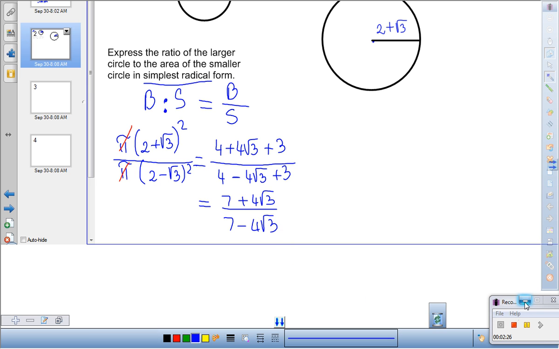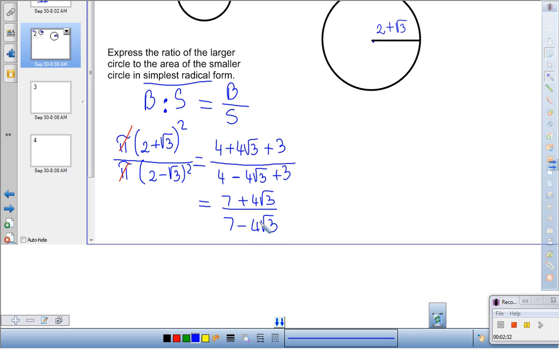As we talked about in class, when we have a fraction with complex numbers in the denominator, the way we rationalize that fraction, or get rid of the radicals in the denominator, is by either multiplying the whole fraction by a conjugate, which is our case because we have a binomial, or sometimes if we just have one radical in the denominator, we multiply the whole fraction by that radical.